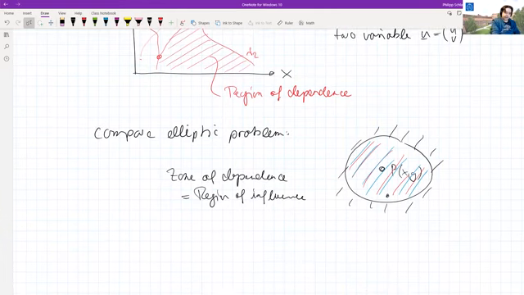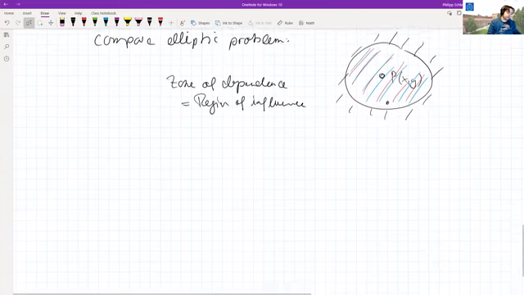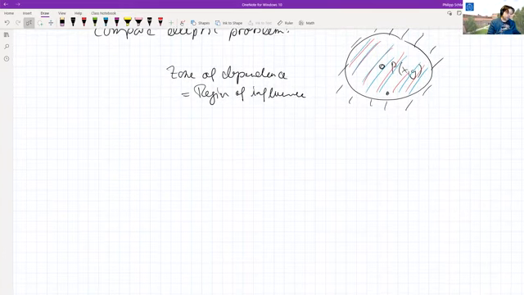Good. So this was what I wanted to say about hyperbolic problems. We will get back to that later on in the course, but as an introduction, this is what I wanted to tell you. Are there any questions about the hyperbolic problems?